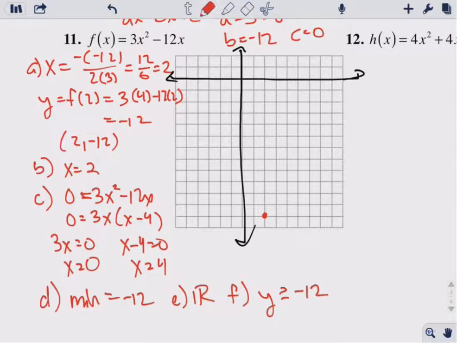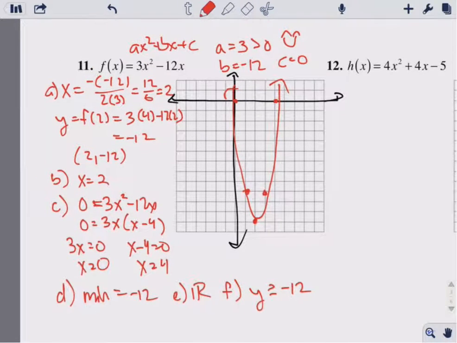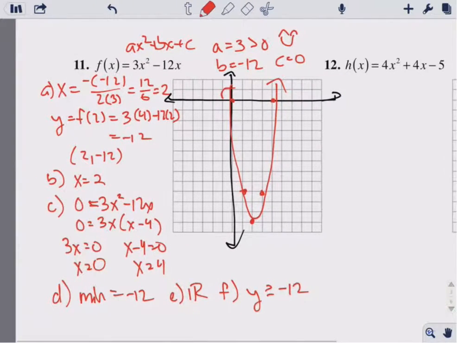Erase those spare marks there. Go up 3, right 1, up 9. 9 puts me right on the x-axis. Do the same thing going the other way, and connect the dots. There's 11 in its entirety.